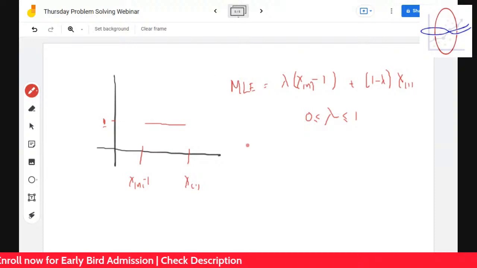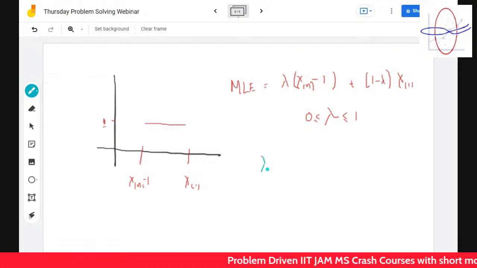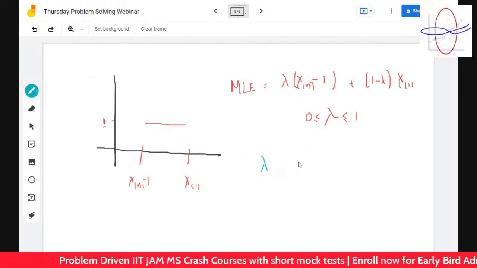Okay, so coming to this, this is an MLE, and by the consistency property of the MLE, for any lambda, this is consistent.